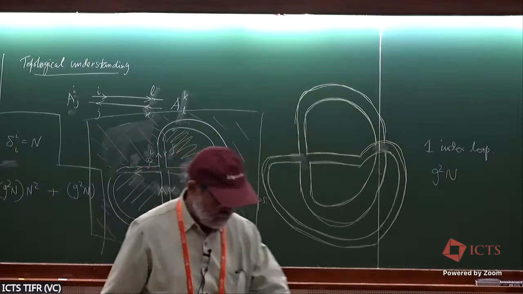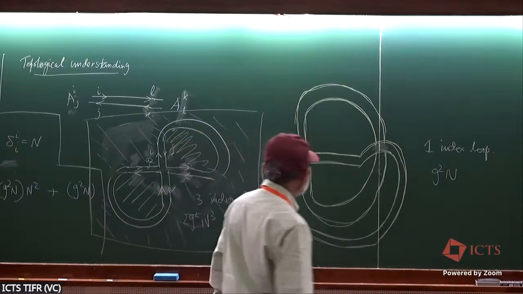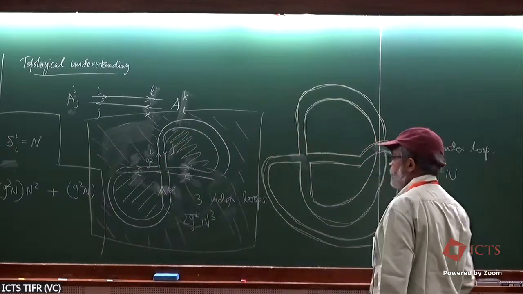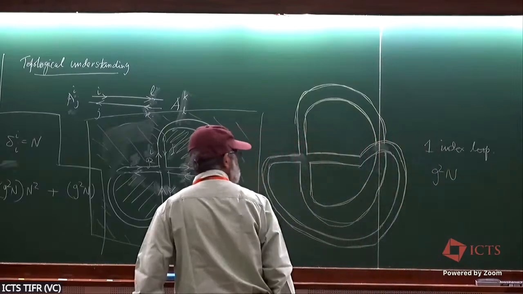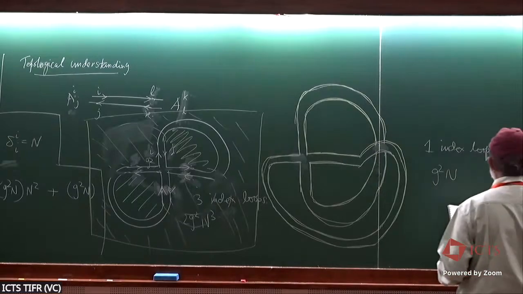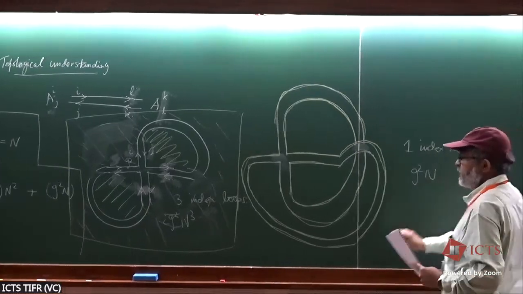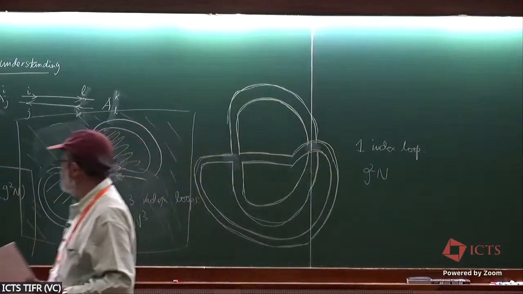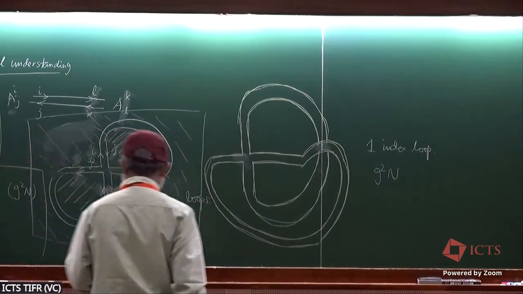So this is what he said, that you need one handle here, and you need no handles here. More generally, this is of a form, and then there are coefficients depending on the g square n quantity.